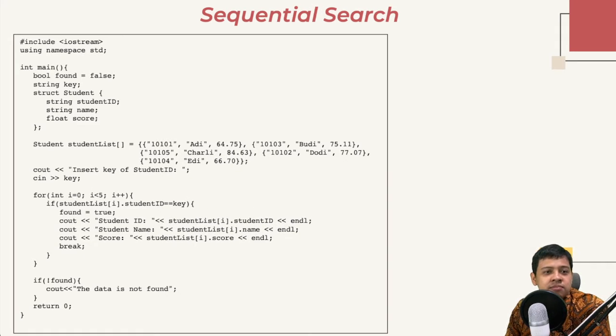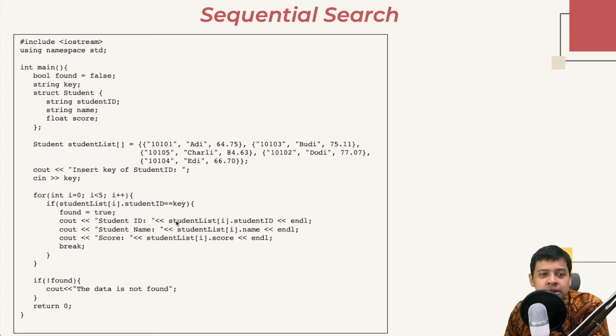Here is the code example of the sequential search. We have this student list just as before on the table, and then we want to input the student key. We're going to find the student key and then print the name and the score.